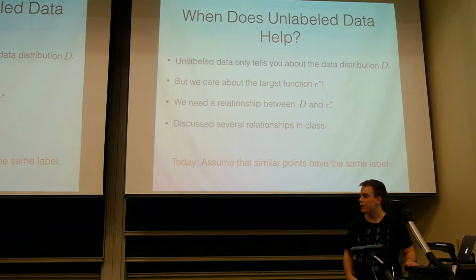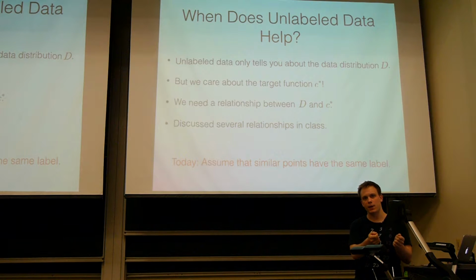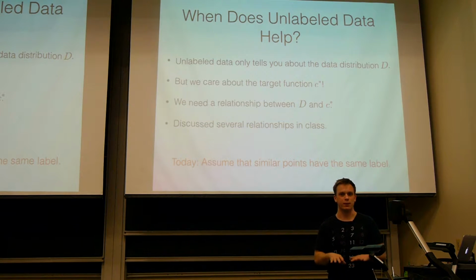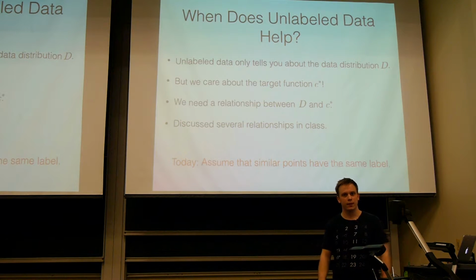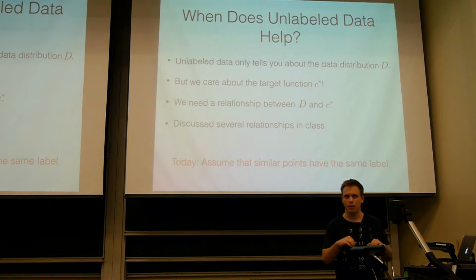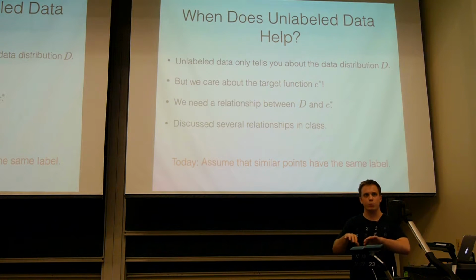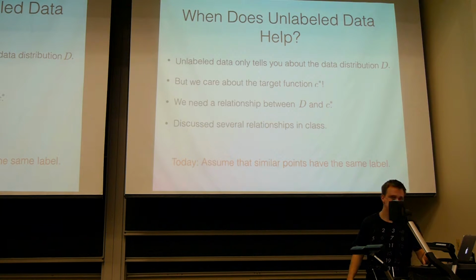If the labeling function C star gives different labels to nearby points in the instance space, it must be true that the data distribution doesn't put any weight there, because if it did, we could see examples where our assumption was being violated. Somehow this is a bit like a margin condition, but a little weaker and more probabilistic. The intuitive idea is that the data distribution separates the classes from one another, according to however we're going to measure similarity.